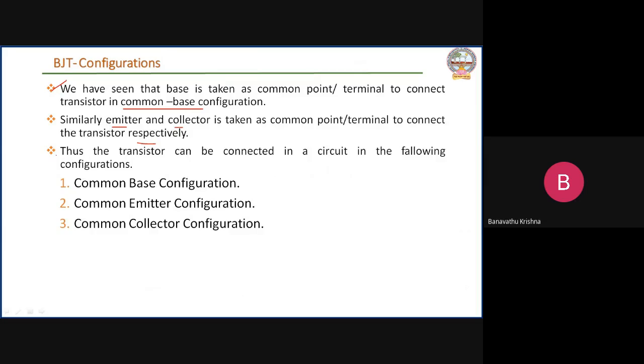Thus, the transistor can be connected in a circuit in the following configurations: first, common base configuration, second, common emitter configuration, and third, common collector configuration. Let us see the circuit diagram and input output characteristics of these configurations in detail.